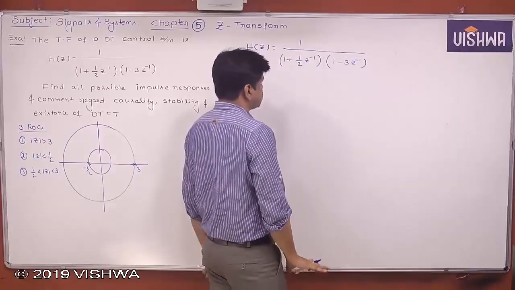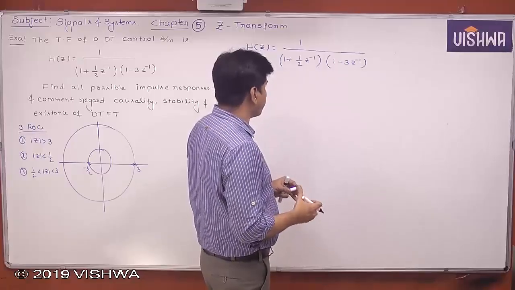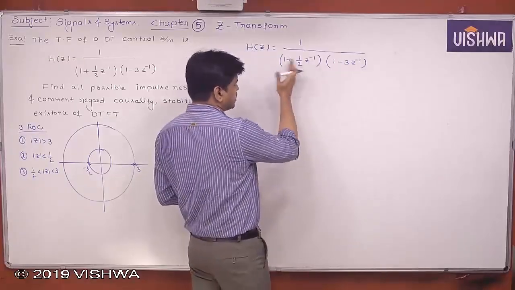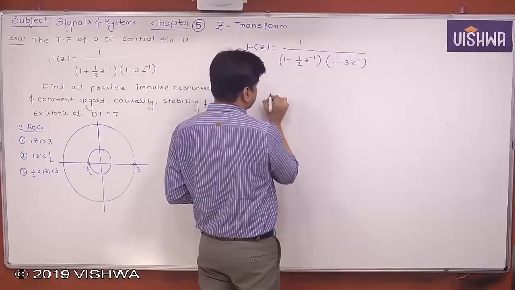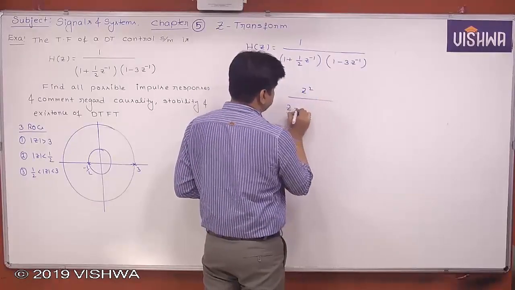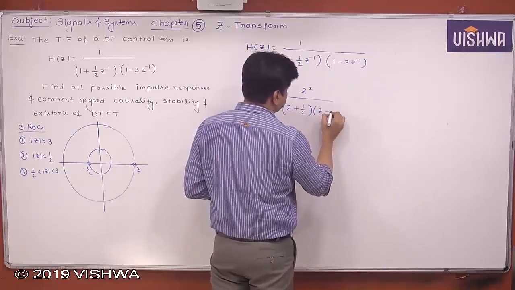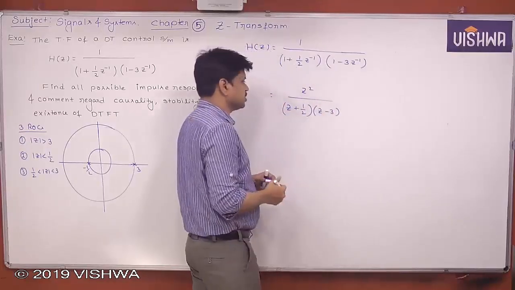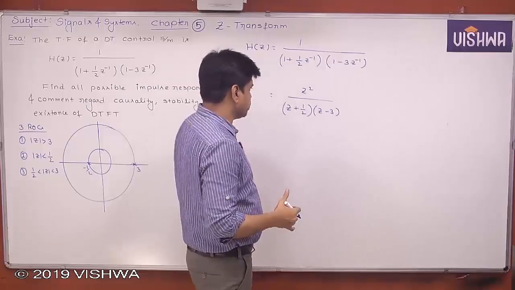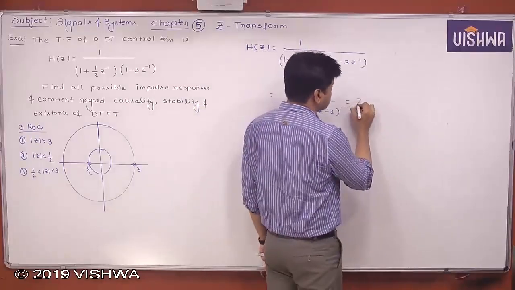Because of the inverse, many people get confused. So what I am going to do is first take z common, so that it becomes z square by z plus 1 by 2, z minus 3. Please make sure one z is outside.